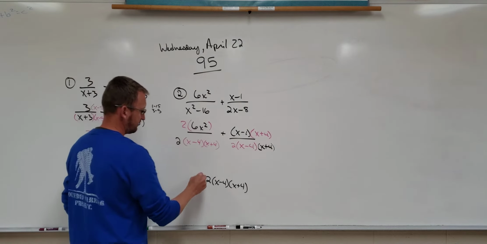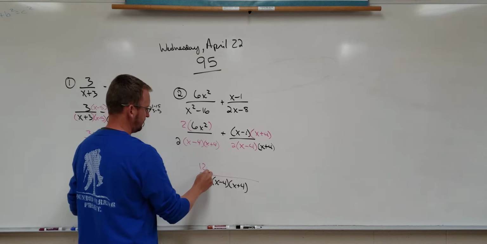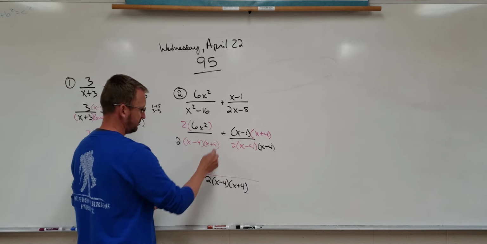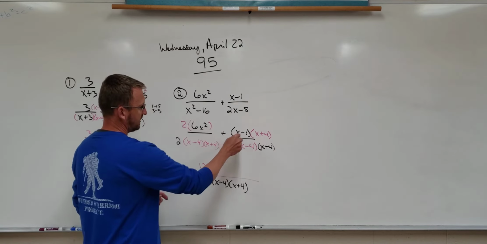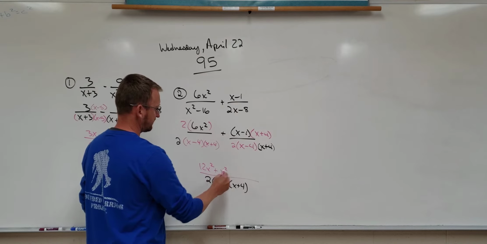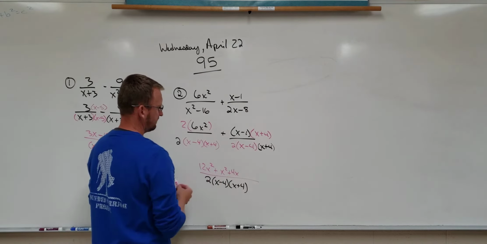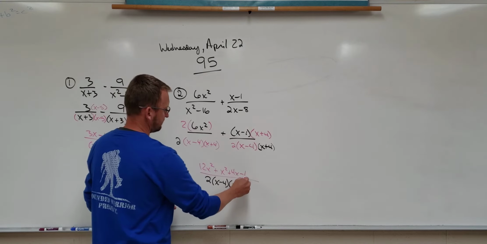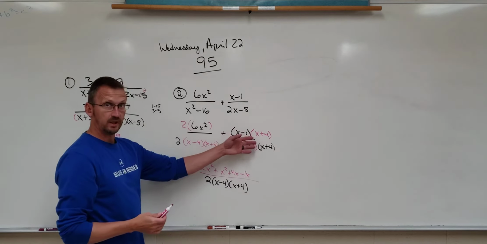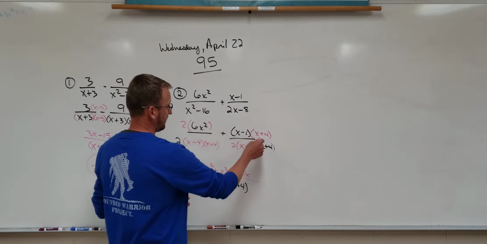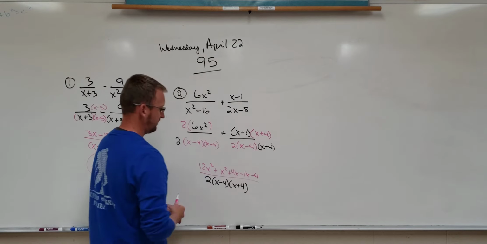2 times 6 gives me 12x squared. I'll sign in the middle. X times x, x squared. X times 4, plus 4x. Negative 1 times x, minus x. So now we're foiling down here. And then negative 1 times 4, negative 4.